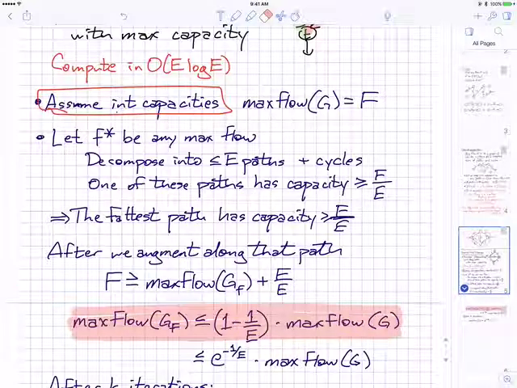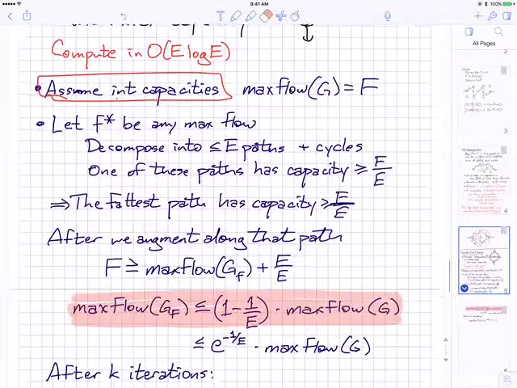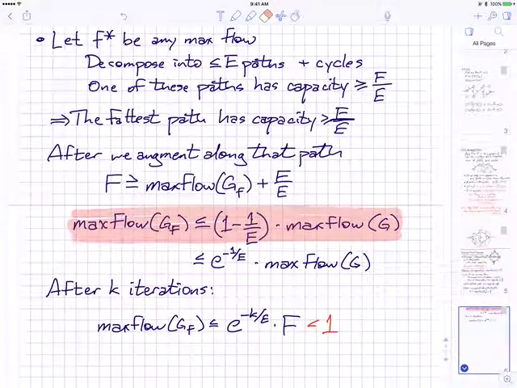And as we saw last time, if you run Ford-Fulkerson in a graph that has integer capacities, then every time you push flow, you're pushing an integer amount of flow. And so the capacities remain integers. And so this maximum flow value over here on the left must be an integer. And it must be greater than or equal to 0. And there's only one integer that is greater than or equal to 0 and less than 1: 0.